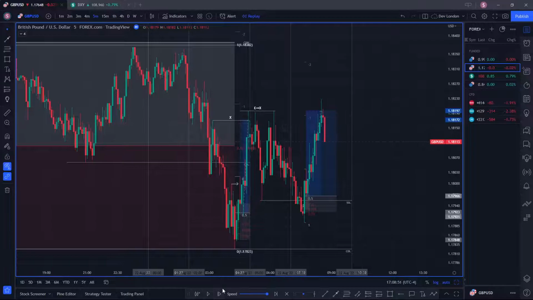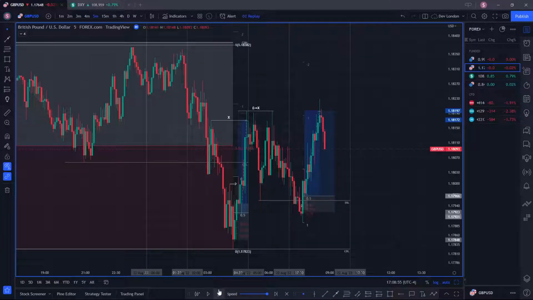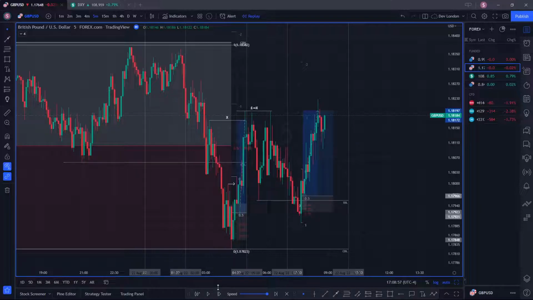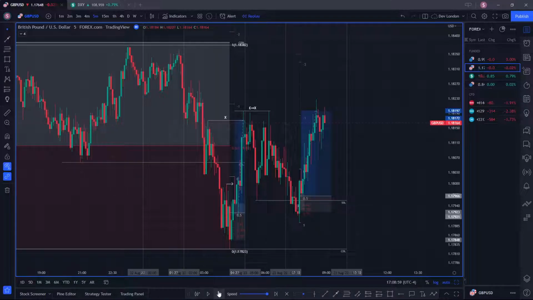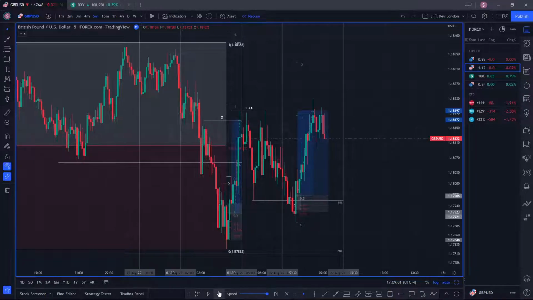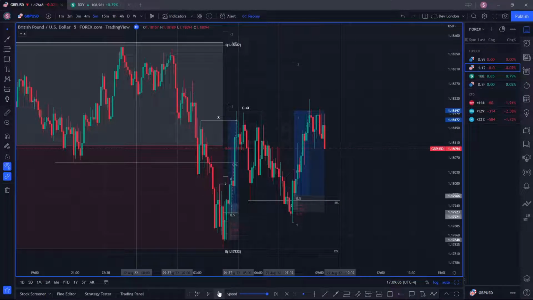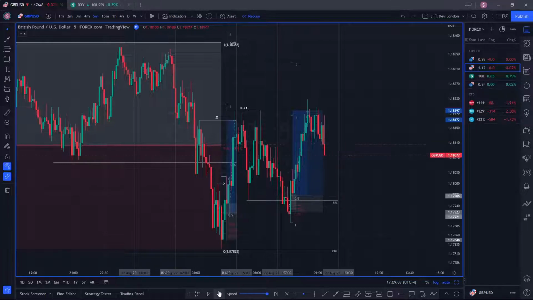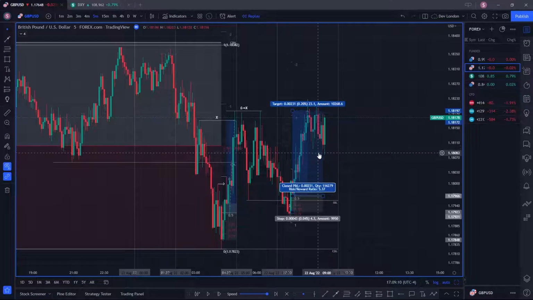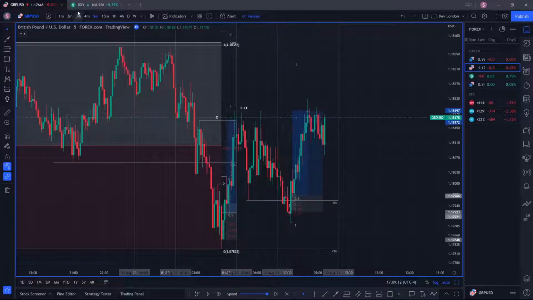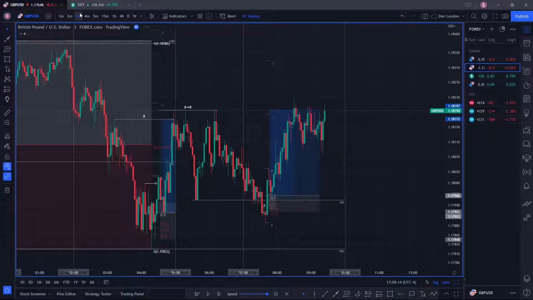Let's see. So here I'm looking for a change in market structure on the 5 minute before the Killzone ends. So we actually have the break in market structure right here. Go to the 3 minute.